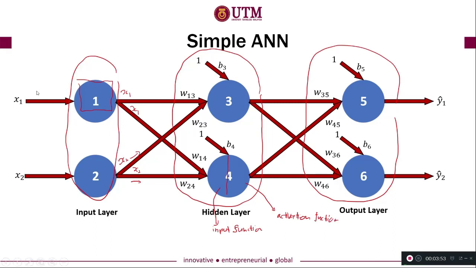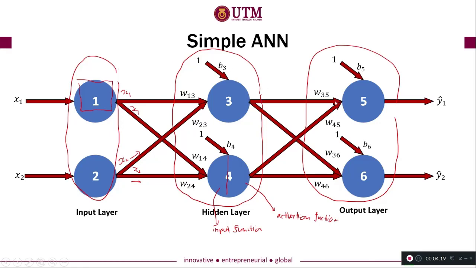It means the process is direct. X flows through this point and goes along this arrow and this arrow. So there's no input function or activation function, because that is not a neuron, or not a node.